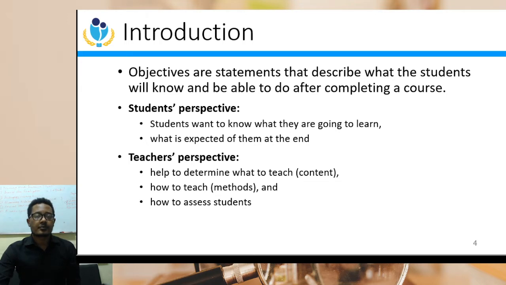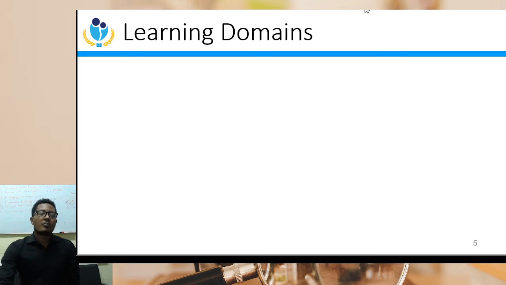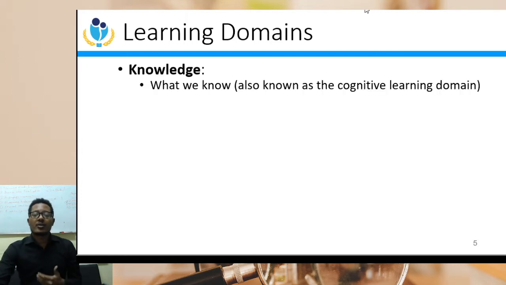Before we dive deep into the levels of the learning objectives, we first have to look at what learning domains are. These are areas where learning occurs, or the areas of expected behavioral change. The first is the knowledge component, also known as the cognitive learning domain, which states what the learner should know or what we know.